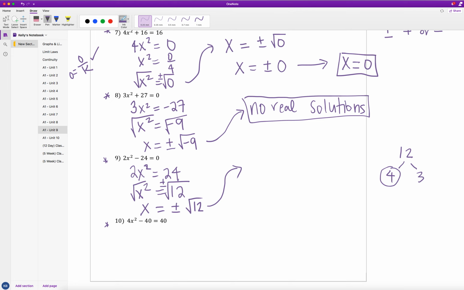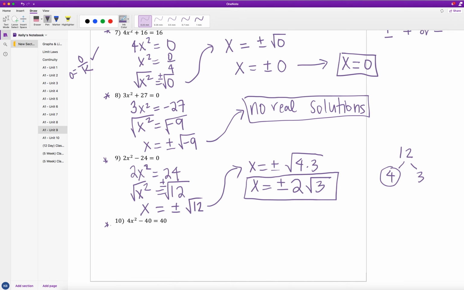So I can simplify this and rewrite this as x equals plus or minus the square root of 4 times 3. Since 4 is a perfect square and the square root of 4 equals 2, then we end up with plus or minus 2 times the square root of 3. That will be our final answer in example 9.